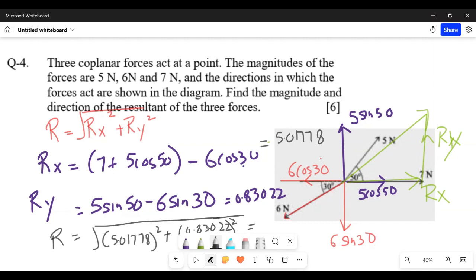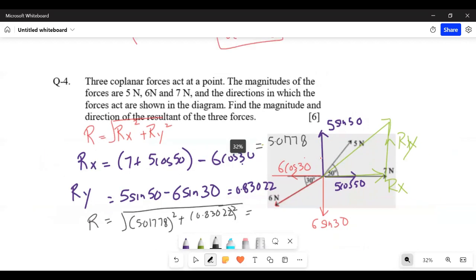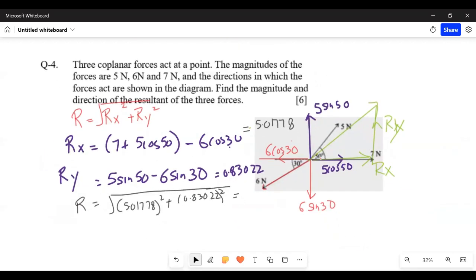Anybody has the answer? It says it should be 5.086 newtons. Let me check quickly.